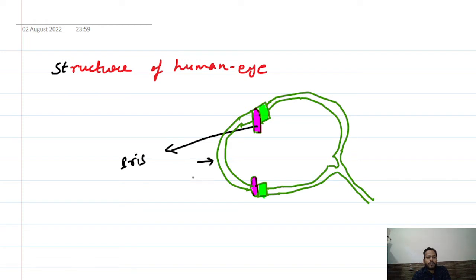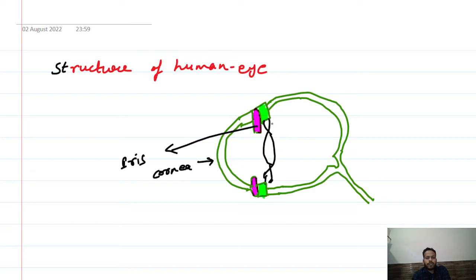And the front part of eye lens, this is the front part of eye, this is called cornea. And this is ciliary muscles, and with the help of ciliary muscles only the eye lens, that is convex in shape, and this lens is attached with this iris.